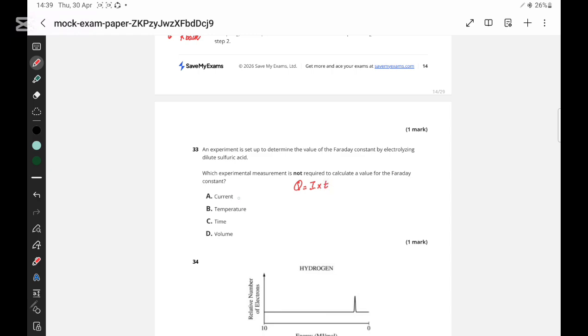So we would be needing current, and we would be needing time as well. For example, with sulfuric acid, 2H positive plus 2 electrons produces hydrogen gas.